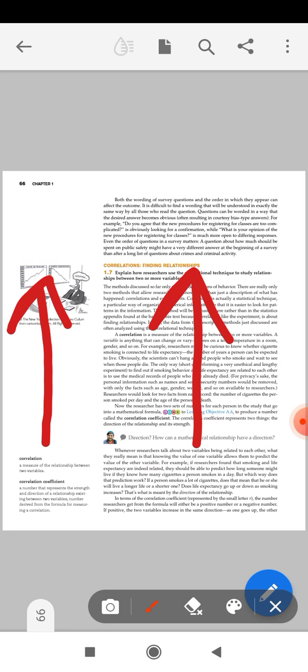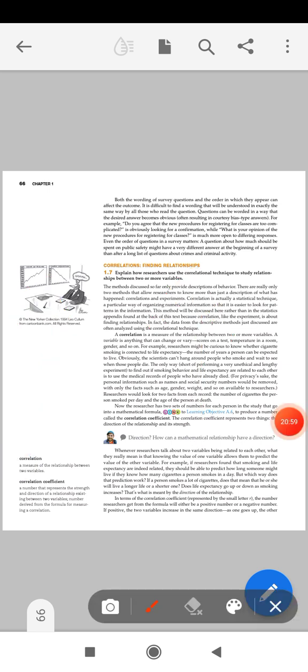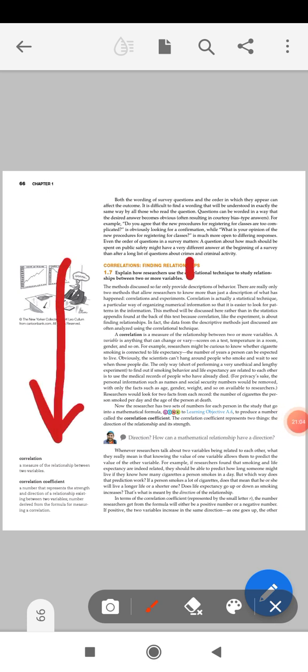Secondly, if smoking decreases, then life expectancy also decreases. Is this positive or negative? Think about it and answer in the comments right now. I will see it. Okay, I hope you have given your answer. This will also be called a positive correlation.